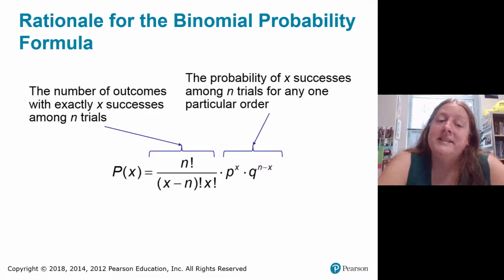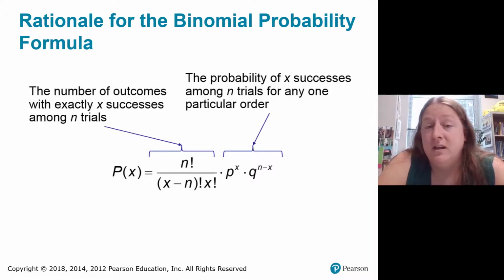So if you see n factorial divided by n minus x factorial times x factorial, this might look like the combination formula to you, and you would be 100% correct. That's what it is. Whether or not you are comfortable using the combination formula, you don't have to be comfortable using it here.